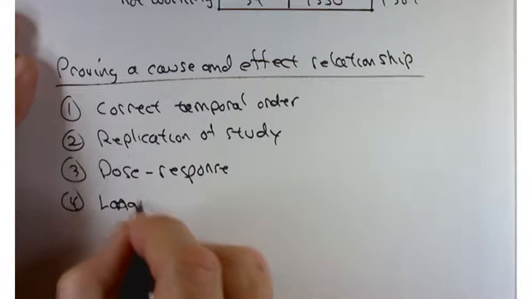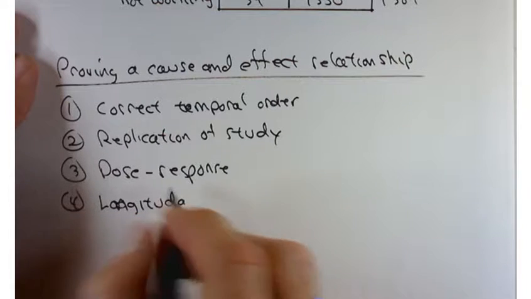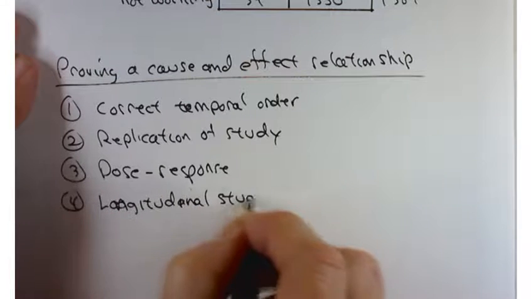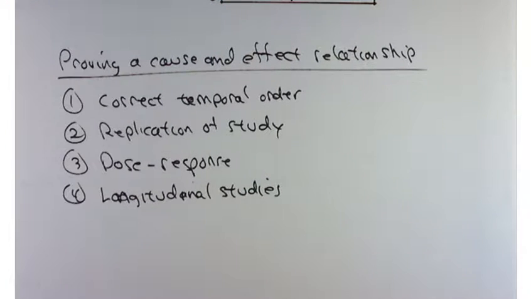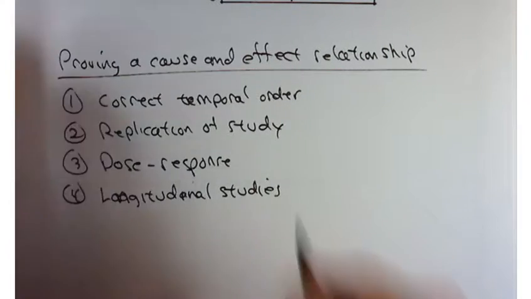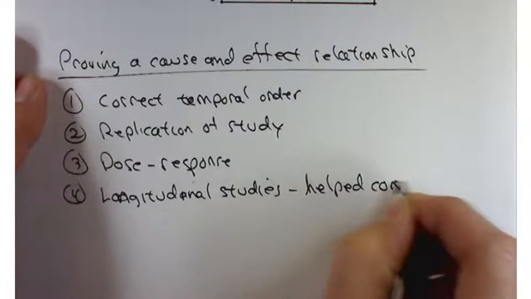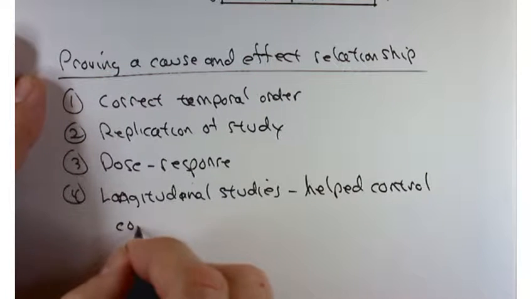So longitudinal studies. And there was a different name for those. It's called cohort studies. But the thing about these is that they help control confounding variables. And that's one thing you should know.